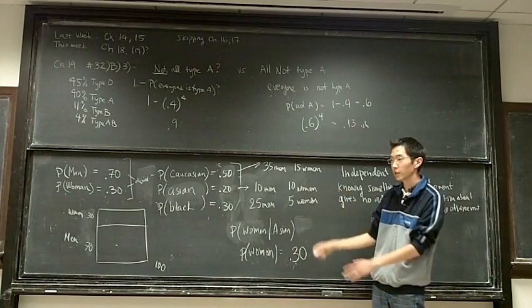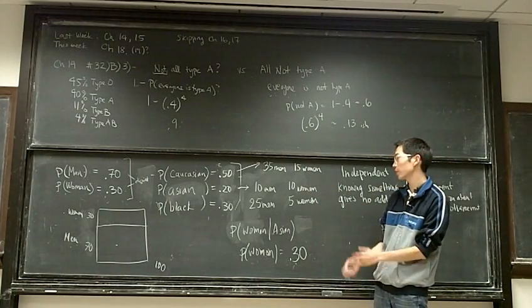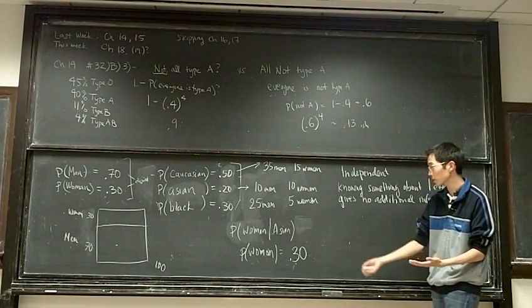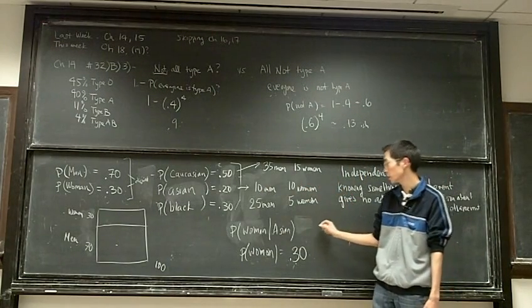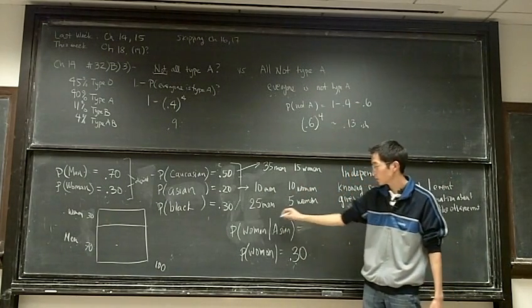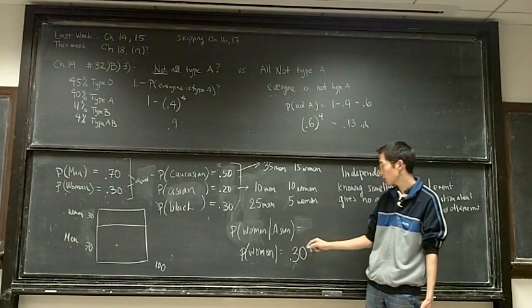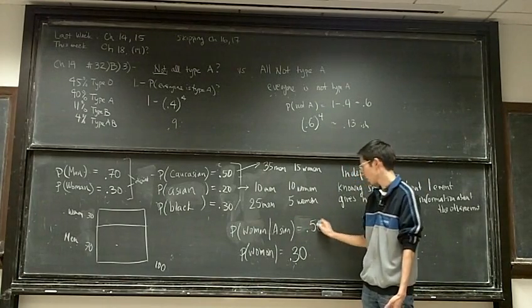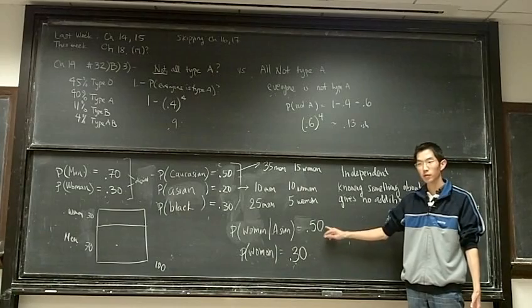If we randomly select one student from the Asian students, there's 20 Asian students, 10 are men and 10 are women, then the probability of selecting a woman, given that that student is Asian, is 50%, okay? Does this make sense?